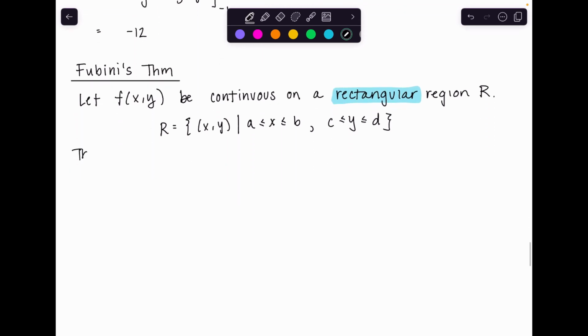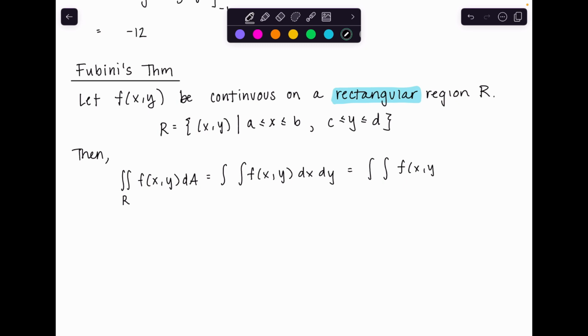Then, if this is the case, if you want to find the double integral over this region, the order does not matter. So you can set this up as dx dy, or you can set this up, need a little bit of room there because I got to go add the bounds, as dy dx.